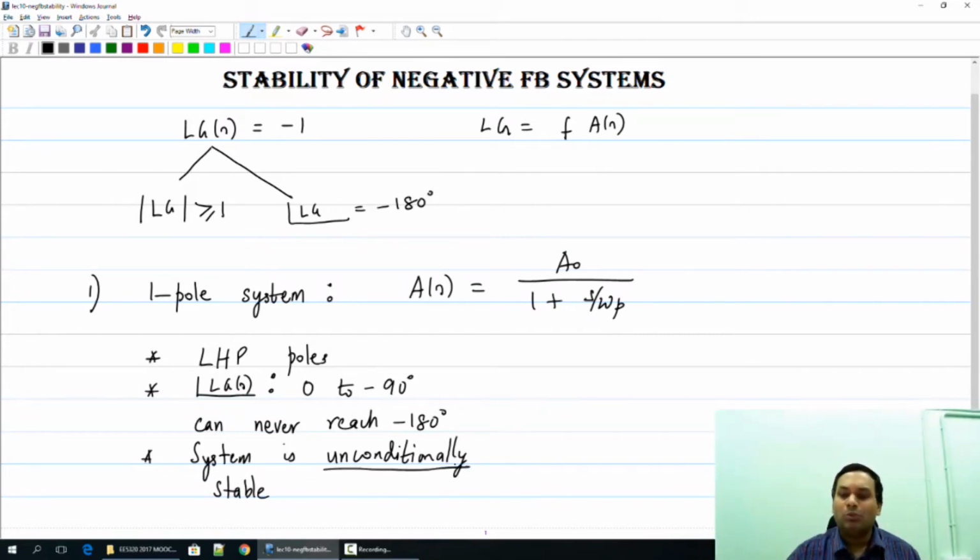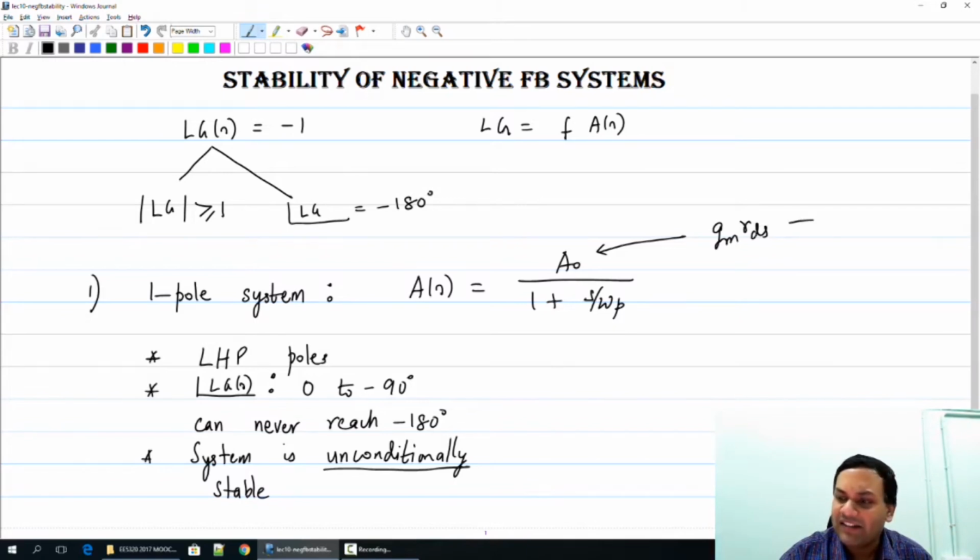And this is great news for us. What is the problem with the 1 pole system? As we have seen before, the 1 pole system can only have limited gain. The maximum gain that you can get, for example, from a common source amplifier, which was an example of a 1 pole system that we saw, is only the intrinsic gain of a transistor, which is approximately GMRDS.